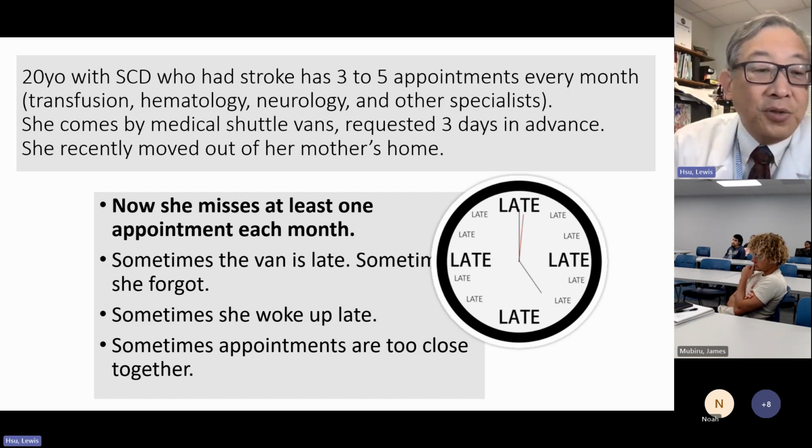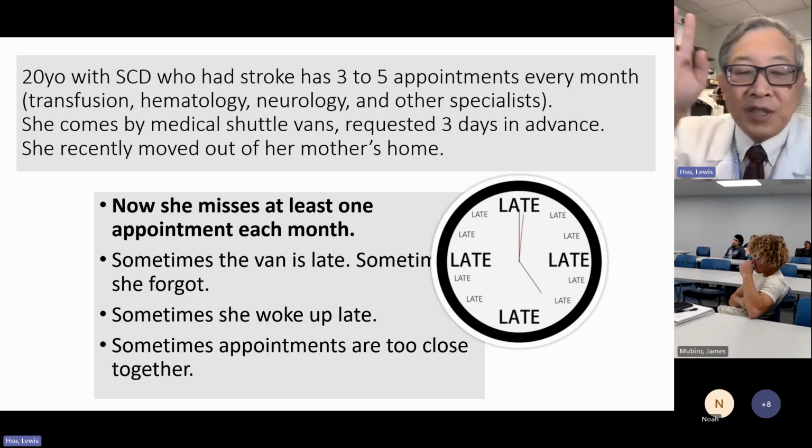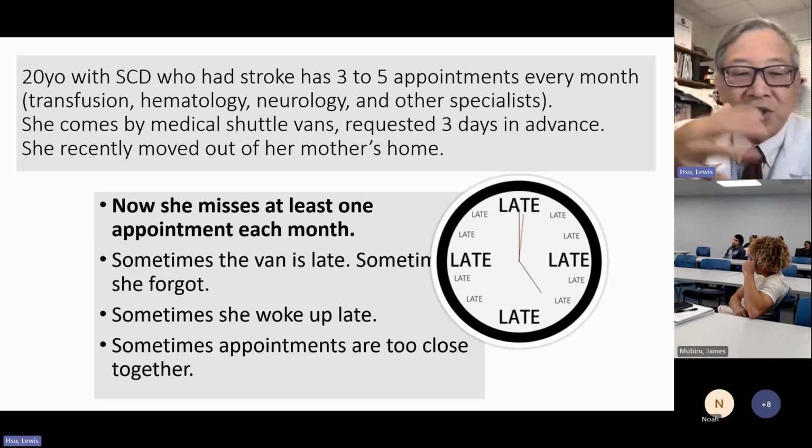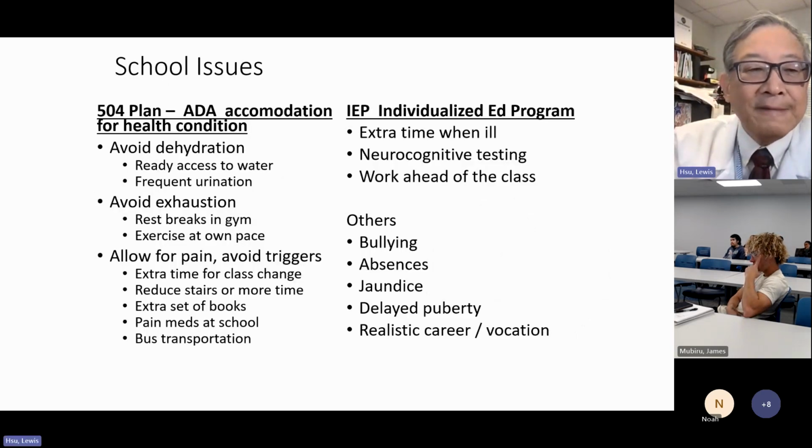But at 20 years old, she moved out of her mother's house because she said this is what 20-year-olds do, they move out. But now she's missing appointments and missing the van, or she wakes up not in time. Sometimes one appointment is at 10 o'clock and another's at 10:30 and she can't make both of them, so she's late for one. So how do we help her to organize things?